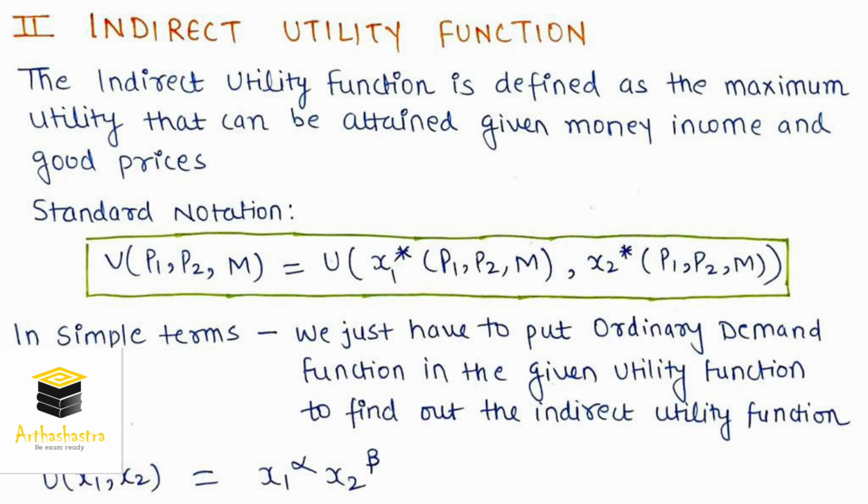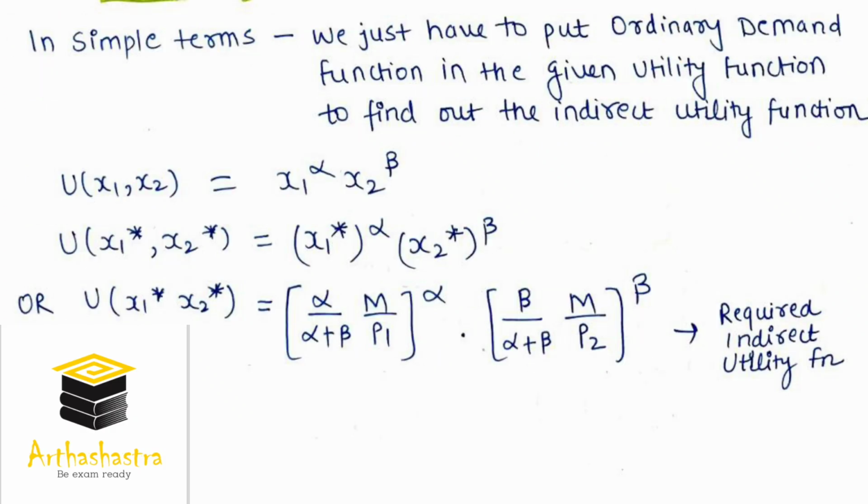So our function is u x1 x2 equals x1 raised to the power alpha times x2 raised to the power beta. We substitute x1 x2 by x1 star and x2 star, where x1 star and x2 star are the ordinary demand functions or the uncompensated demand functions.